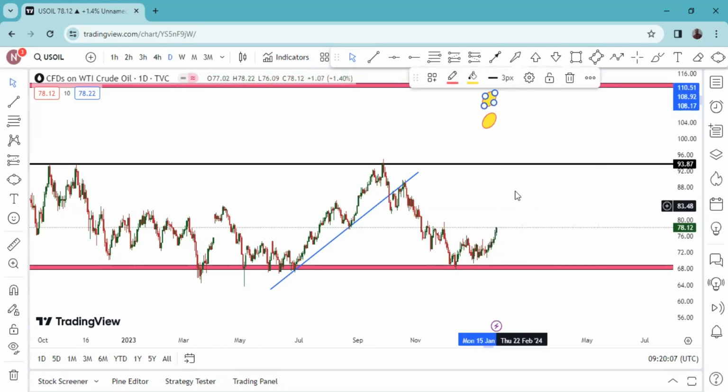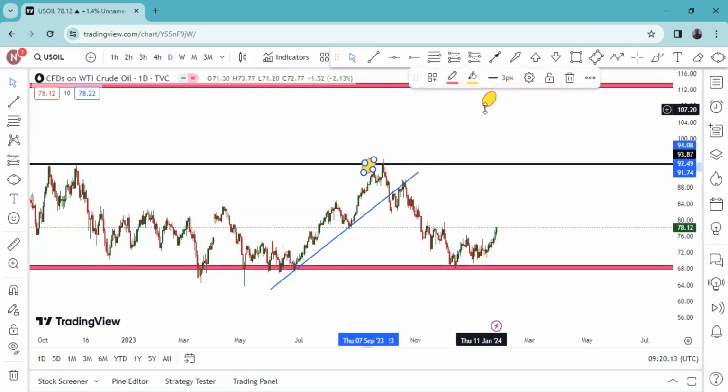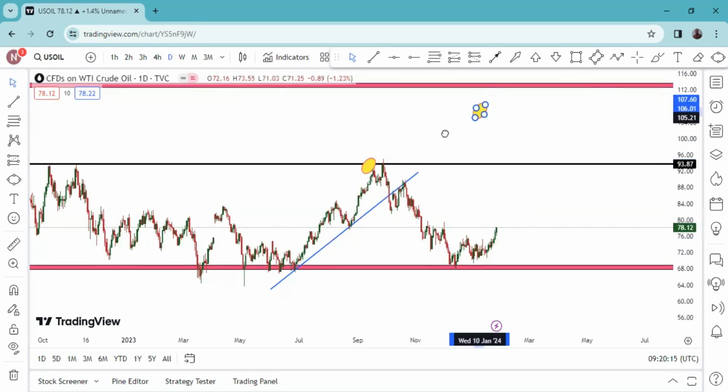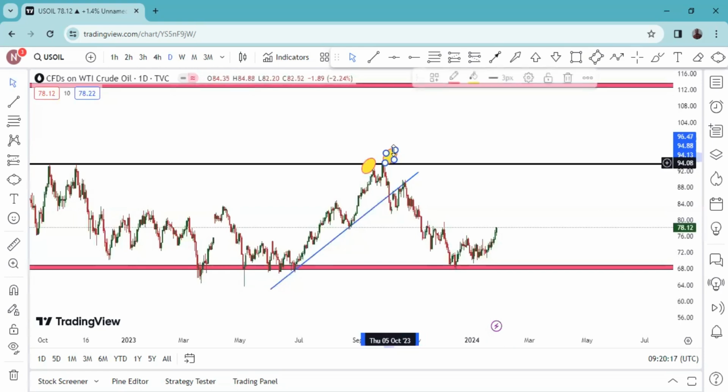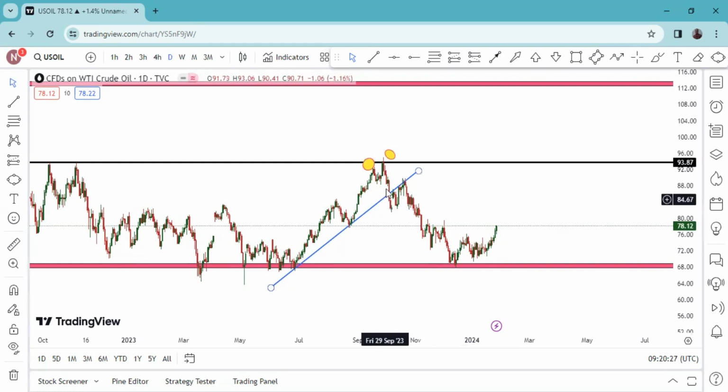There was a pattern. If you can see, there was a pattern here, a kind of double top. Then the market broke the trend line.